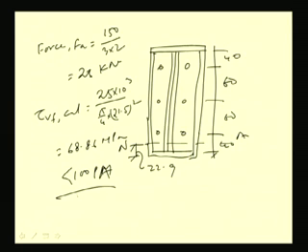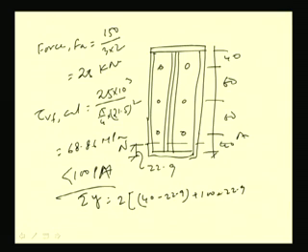So we can find out the critical section. Critical means we have to find out summation y, which will become 2 into 40 minus 22.9 plus 100 minus 22.9 plus 160 minus 22.9. So this will be the summation y.